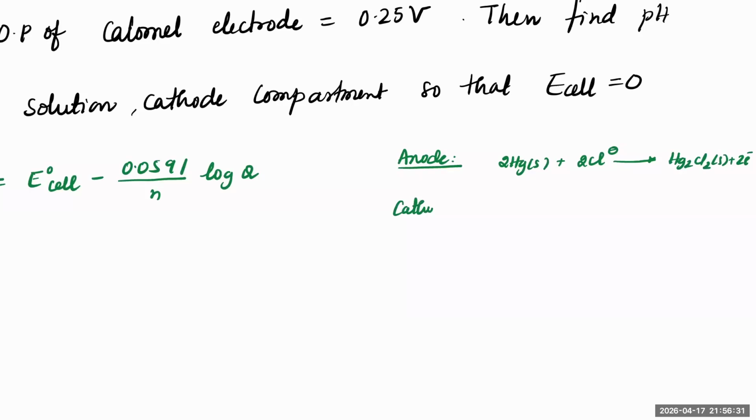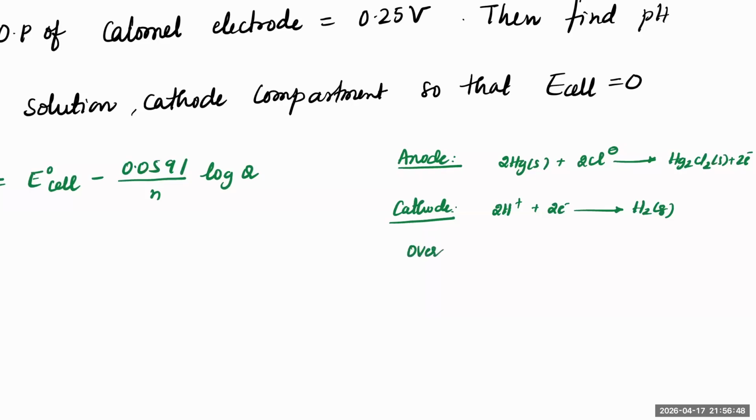At the cathode, we have 2H plus plus 2 electrons giving H2 gas. This is the cathode.